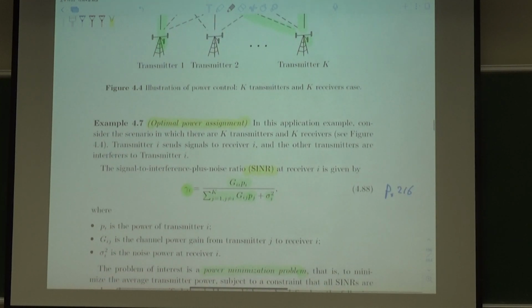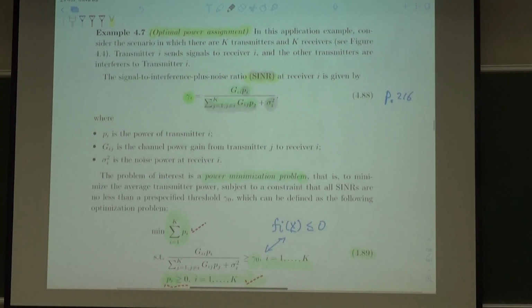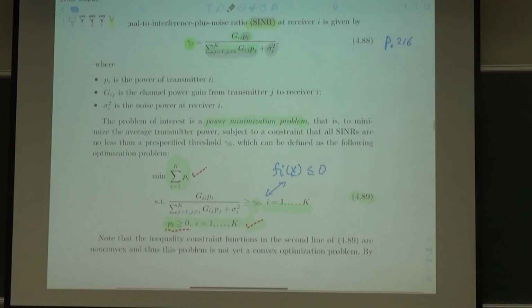Then at each receiver, for the quality of the received signal, we use this measure. The signal to interference plus noise ratio has our signal power in the numerator. This is interference. This is AWGN. So this is power assignment.